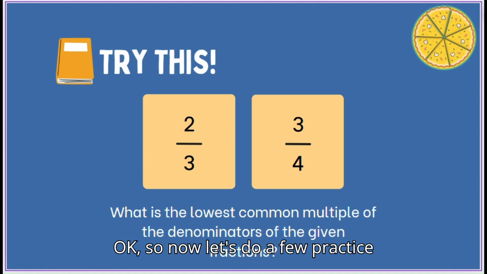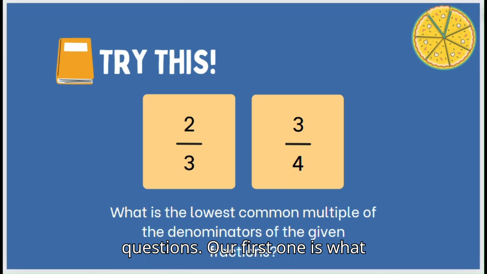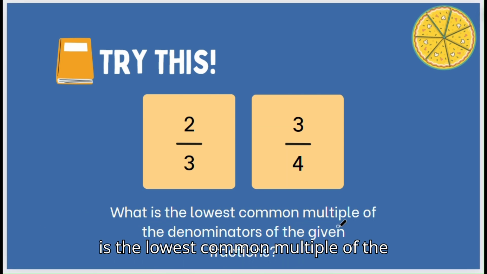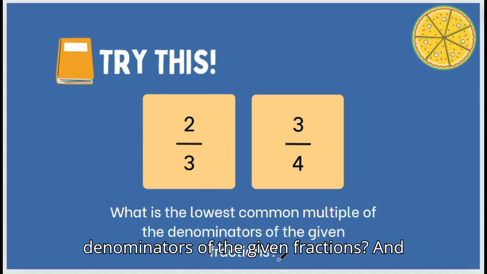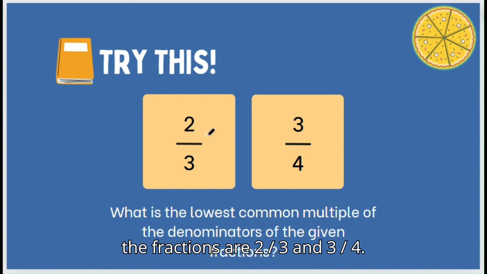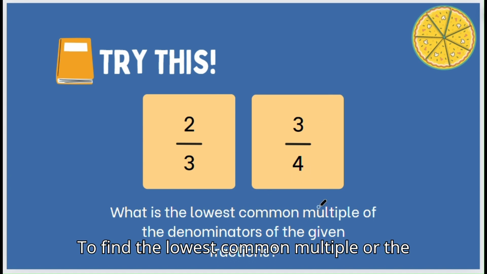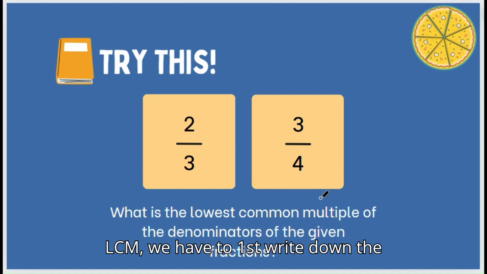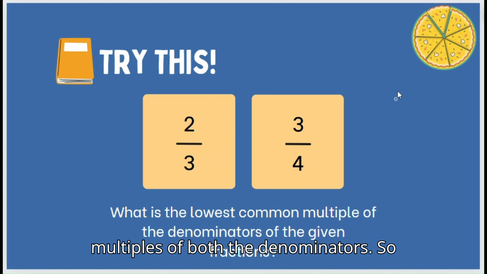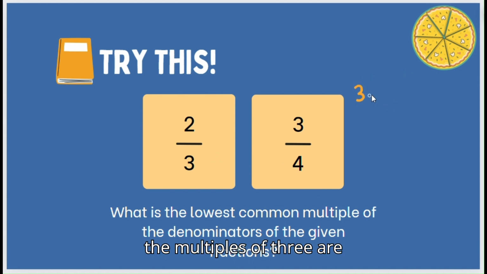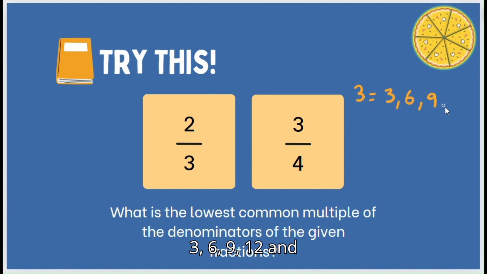Okay, so now let's do a few practice questions. Our first one is: what is the lowest common multiple of the denominators of the given fractions? The fractions are 2 over 3 and 3 over 4. To find the lowest common multiple, or the LCM, we have to first write down the multiples of both the denominators. The multiples of 3 are 3, 6, 9, 12, and so on.